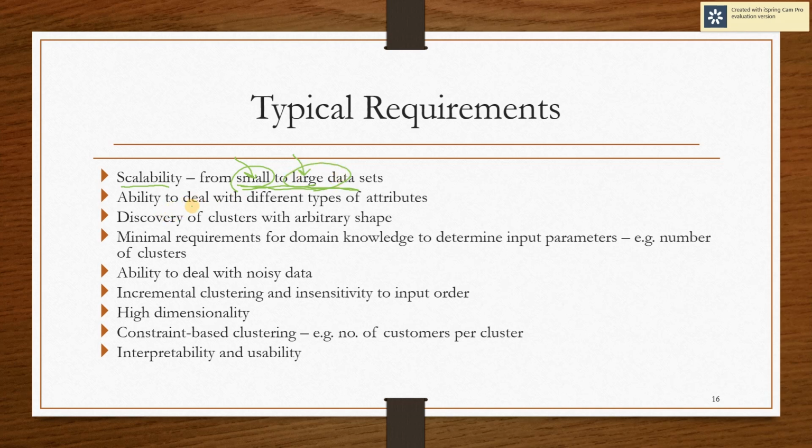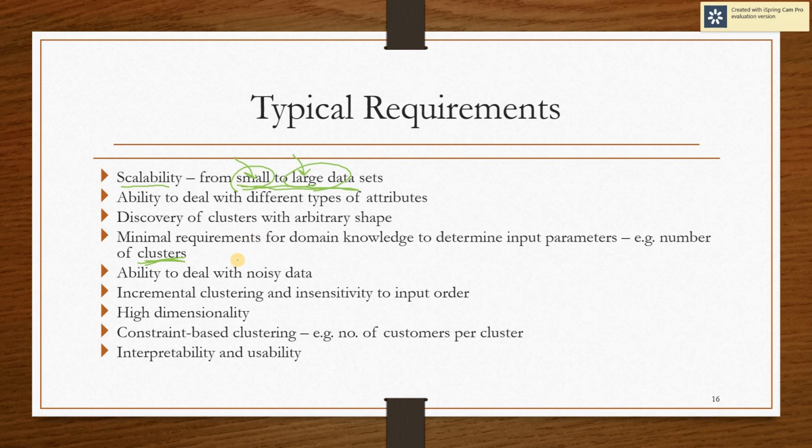And then it is able to deal with different types of attributes. You also need discovery of clusters with arbitrary shape and minimum requirement for domain knowledge to determine the input parameters, for example, the number of clusters that you are going to have.